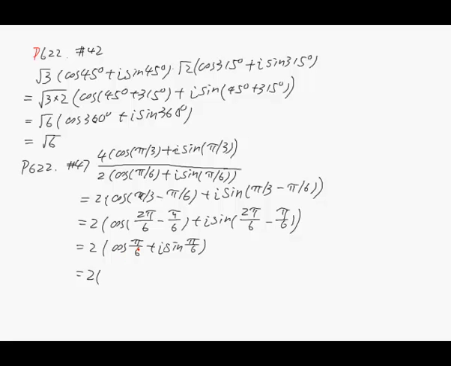Cosine of pi over 6 is root of 3 over 2, and sine of pi over 6 is 1/2. Now you multiply each term by 2, and get root of 3 plus i.